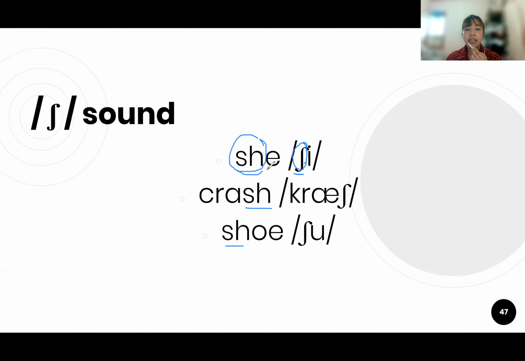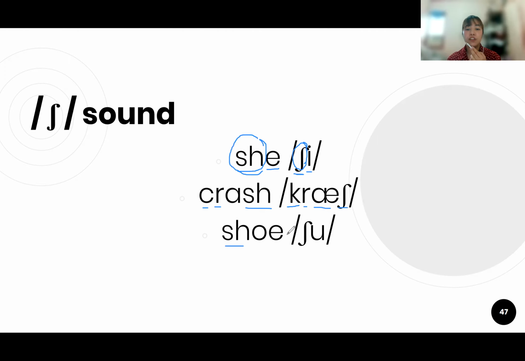For the long e sound, you use the symbol for the long or the dotted I, which is the small letter I. For crash, your C here produces the k sound. R for your letter R. For a, you have there the crash digraph, and then for your sh sound, you have this symbol.